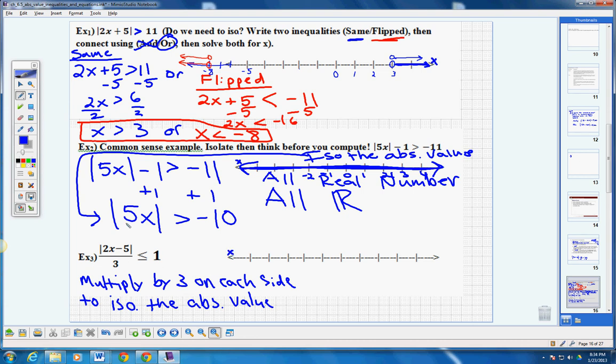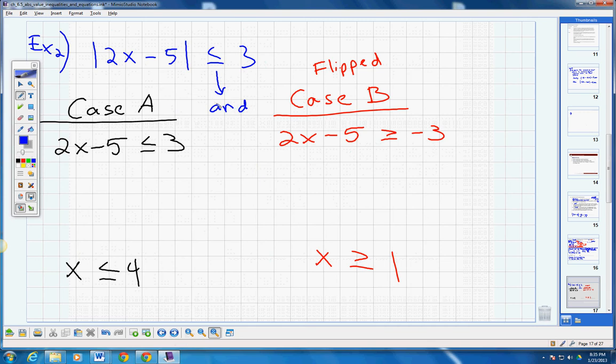So I do need to do one operation in order to isolate the absolute value here. I isolate the absolute value by multiplying by 3 on each side. After I multiply by 3 on each side, that's when I break it down into a compound inequality. I have case A and case B. I always like to talk about them. Two different cases here.